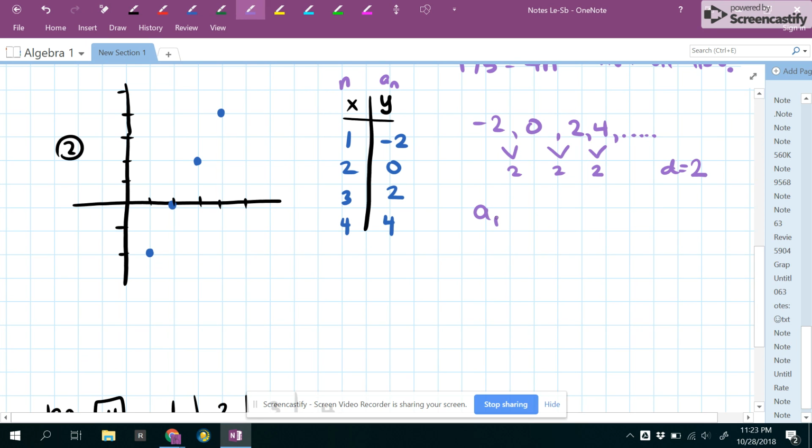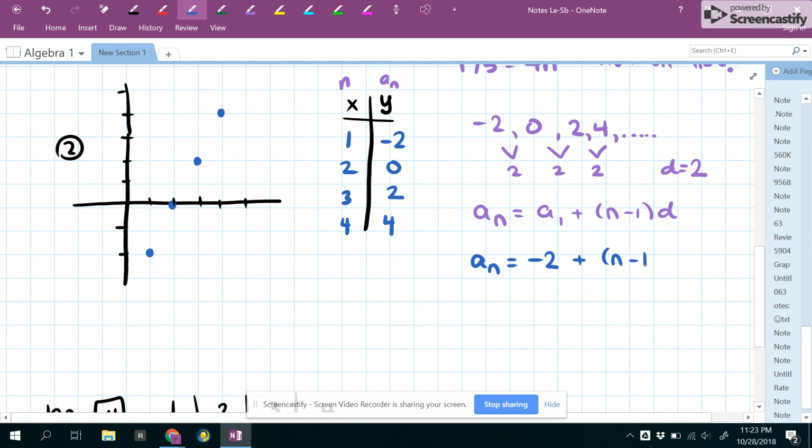And again, using a sub n equals a sub 1 plus n minus 1 times d, please fill in the appropriate things and get an equation. You always leave a sub n as a sub n. Fill in your first term.